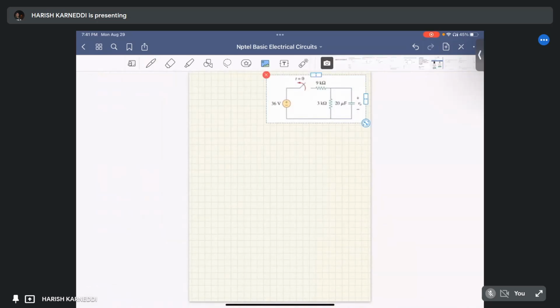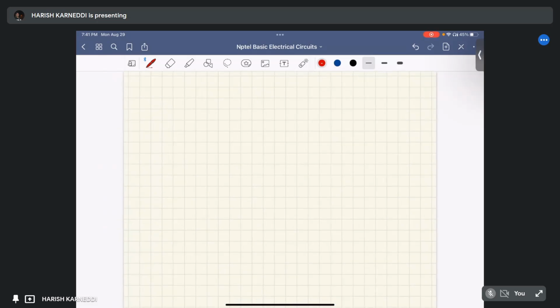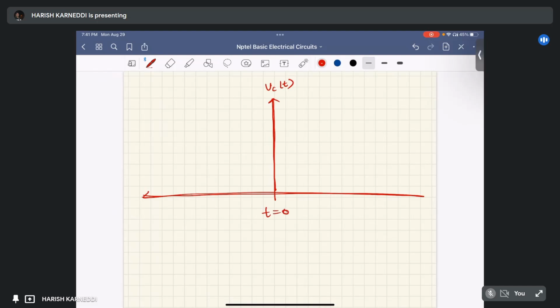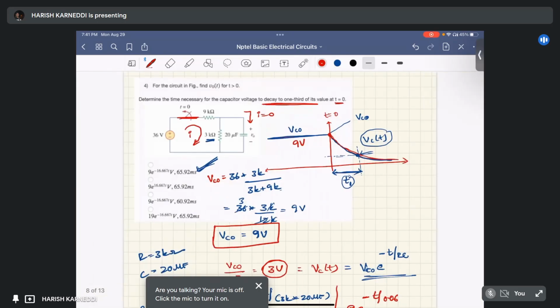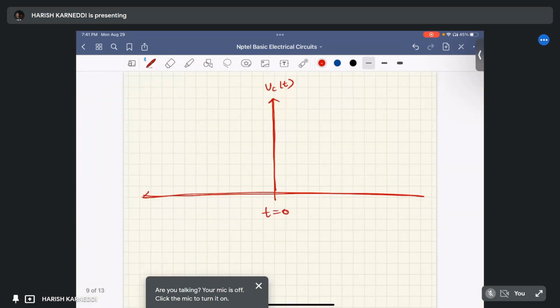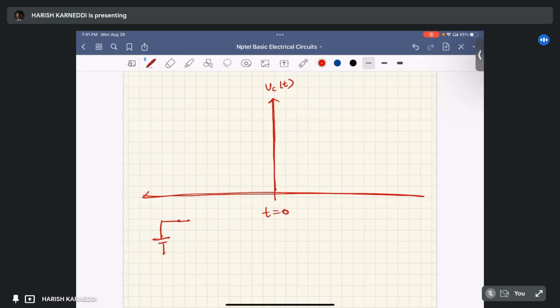I will remove this. What was the previous problem? Here it is VC of t. Here it is t equal to 0. Before t equal to 0, I will just redraw the circuit.